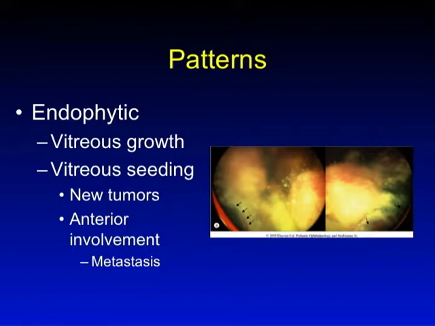Vitreous seeding is a low prognostic factor because this is not reached by medications. This is usually reached by radiotherapy. Maybe intraocular medication or some medication going into the ophthalmic artery can reach this vitreous seeding, but the normal treatment usually doesn't get the vitreous seeding.